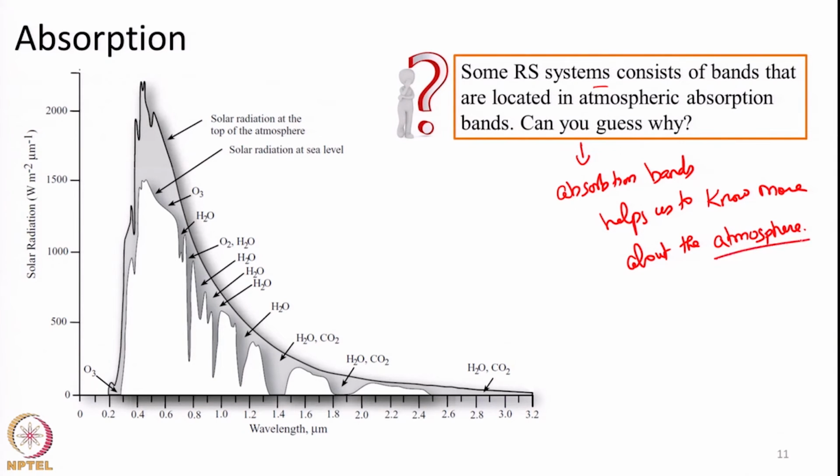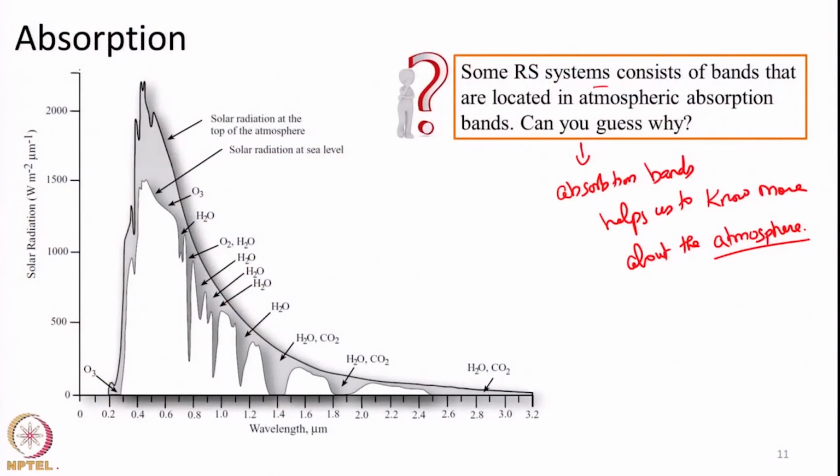Similarly, the presence of water vapor will help us to monitor water vapor movement. Water vapor movement is essentially the primary reason for rainfall in different places. So, for remote sensing of atmosphere, it is quite natural to put a few bands centered around these atmospheric absorption bands.